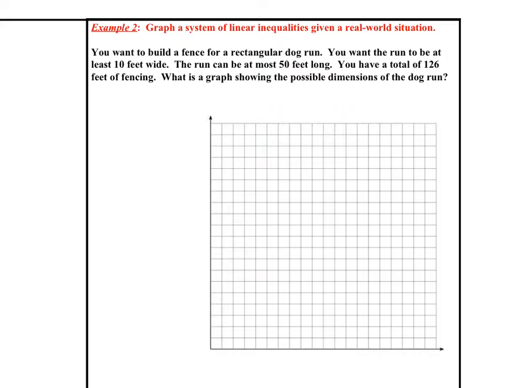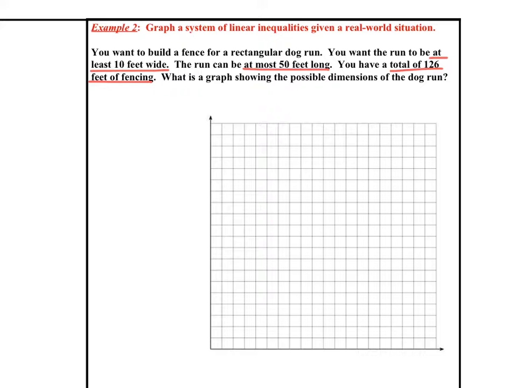You want the run, and a dog run is just like kind of like a dog park, okay? You want the run to be at least 10 feet wide. That's probably important. The run can be at most 50 feet long. You have a total of 126 feet of fencing.